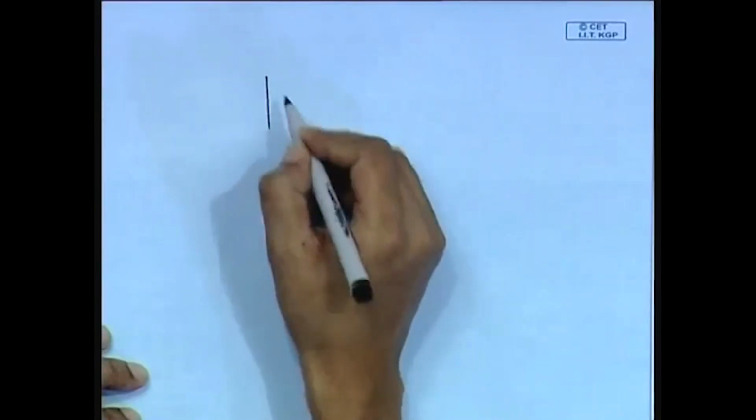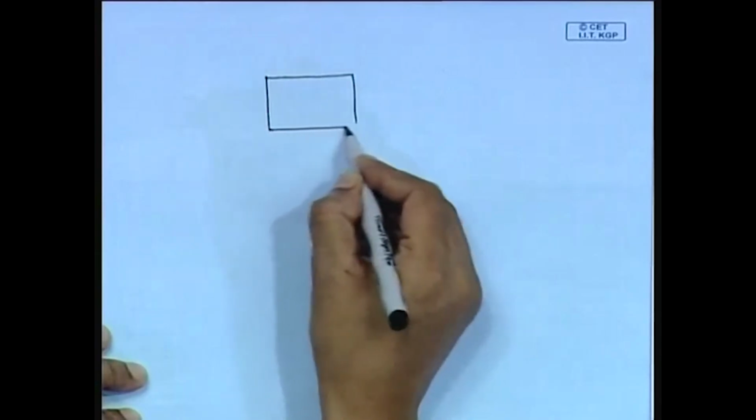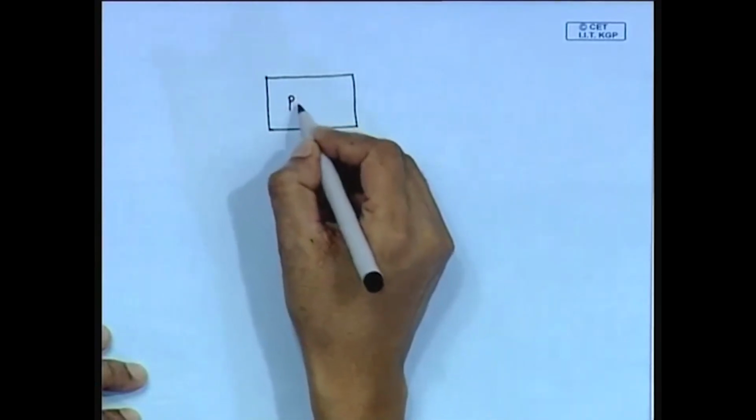Next we will discuss the different forcing functions. Forcing functions are usually the input variables. Suppose we have a chemical process.